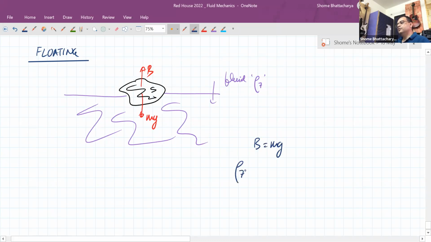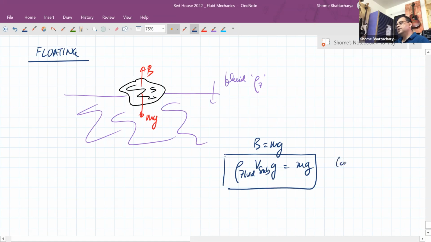So density of fluid multiplied by volume of submerged part into g equals the weight of the floating object. This is the condition for floating.